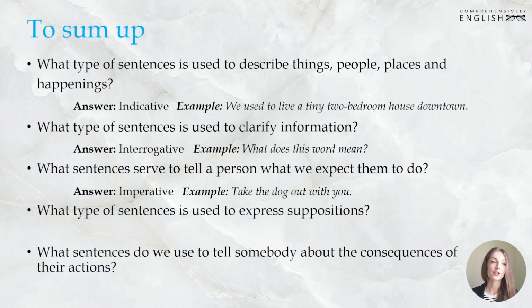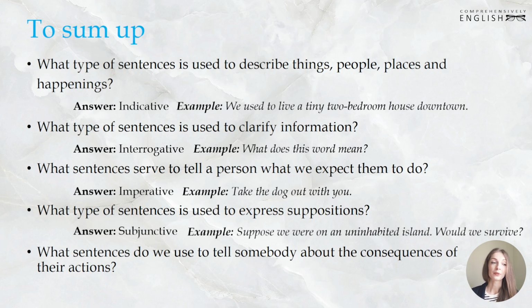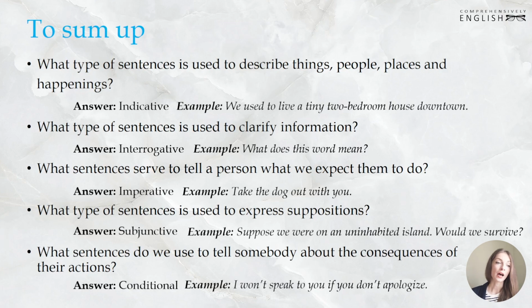What type of sentences is used to express suppositions? The answer is subjunctive. The example: suppose we were on an uninhabited island, would we survive? And what sentences do we use to tell somebody about the consequences of their actions? The answer is conditional. For example, I won't speak to you if you don't apologize.